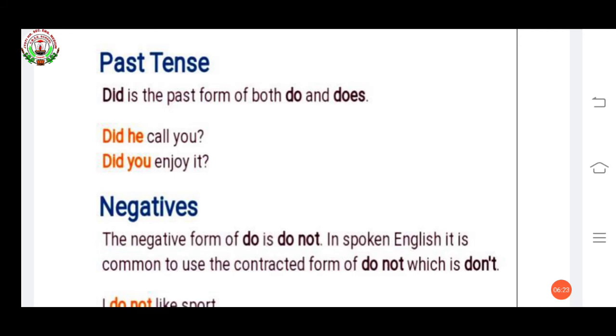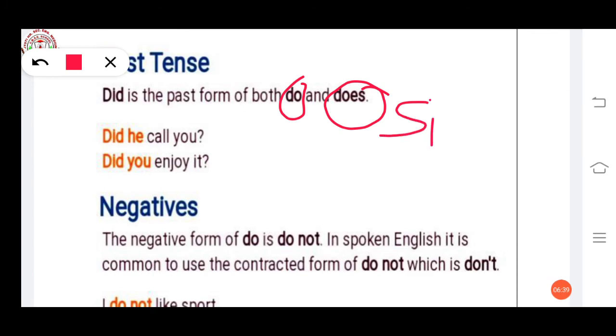Did is used with singular also and plural also. Just now I told you do is used with I, we, you or plural, and does with singular. But this did can be used with he, which is singular, and you, which can be singular also and plural also.